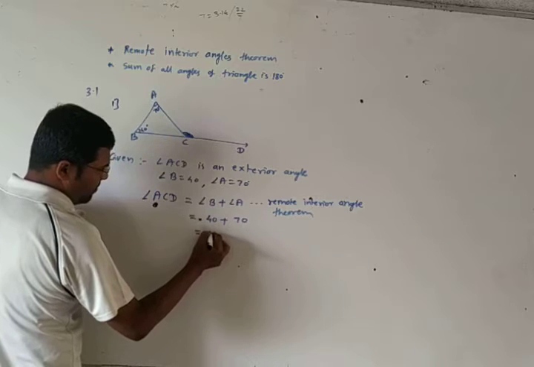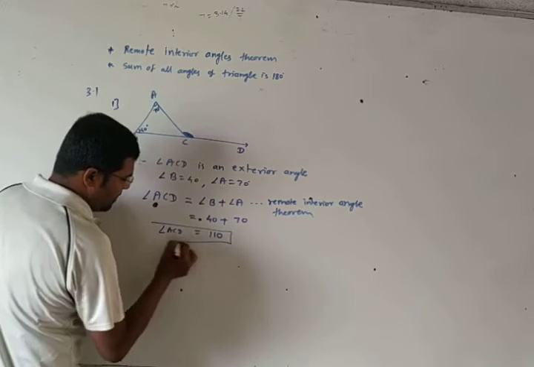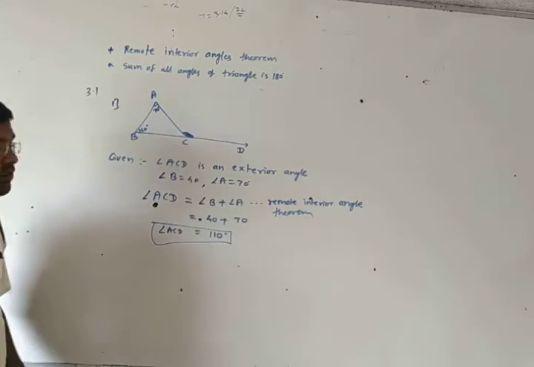So it is equal to 110. So angle ACD is equal to 110. Look here, it's a simple question.